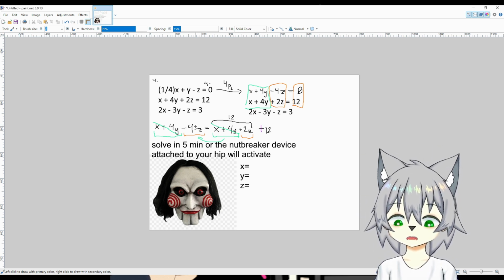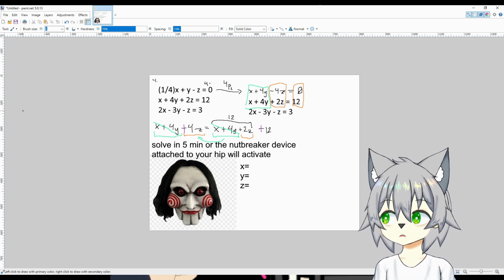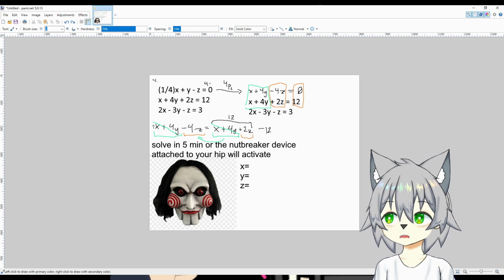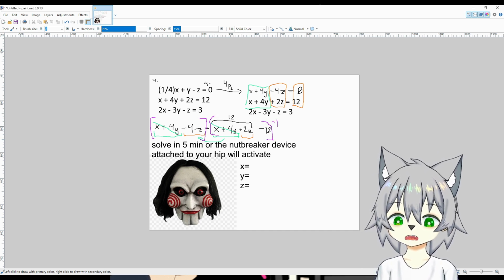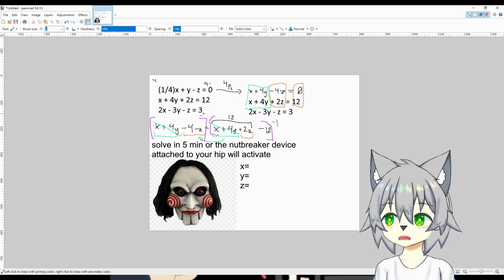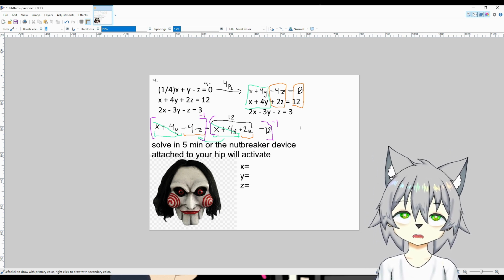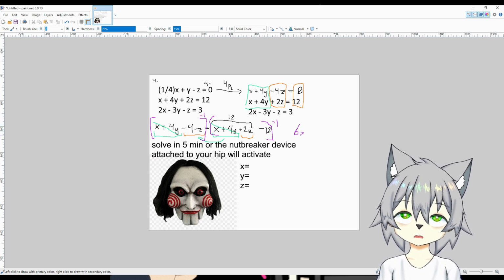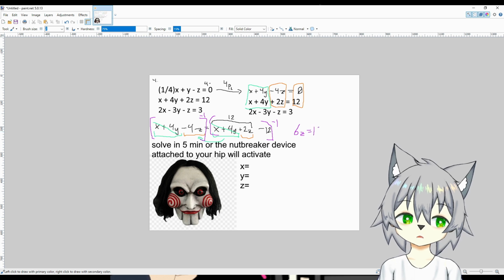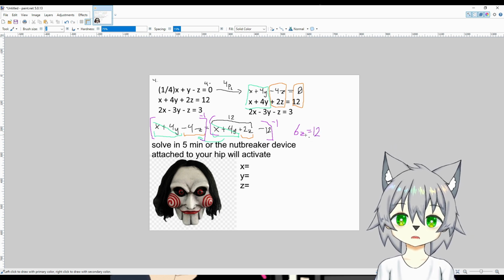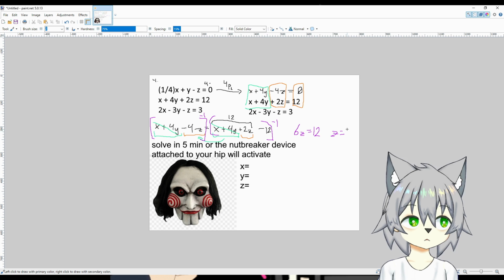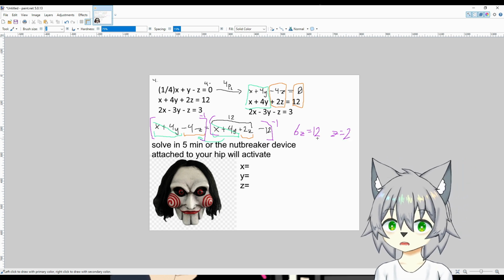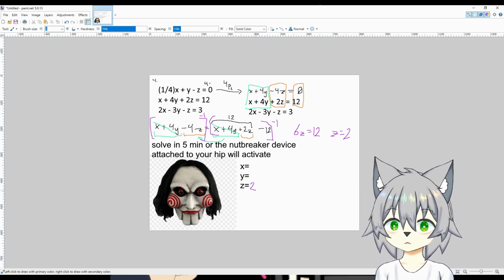We just multiply both sides by -1 after all the results here. That's our goal. So then we get 6z equals 12, and if we simplify it, we get z equals 2, because we divide both sides by 6. Wow, look at that. z equals 2.